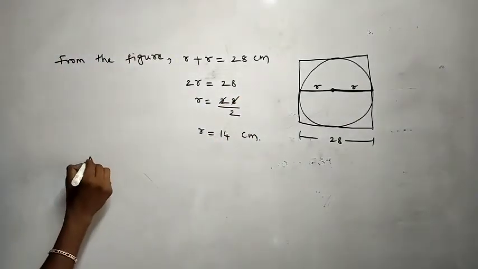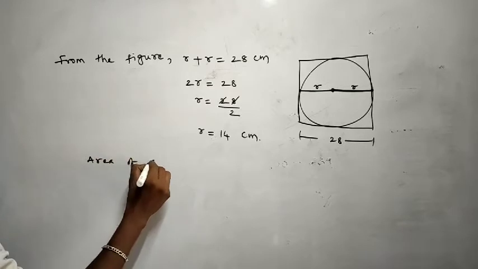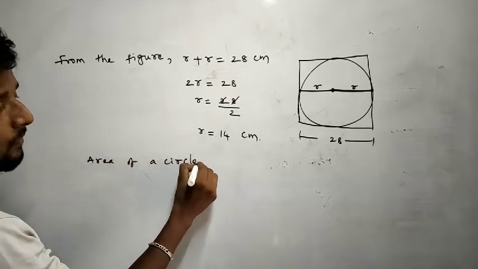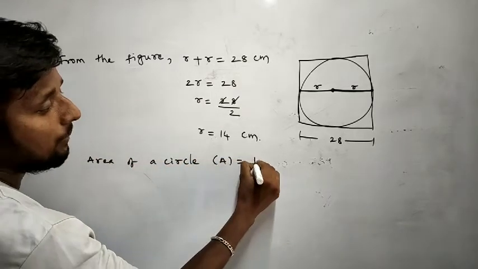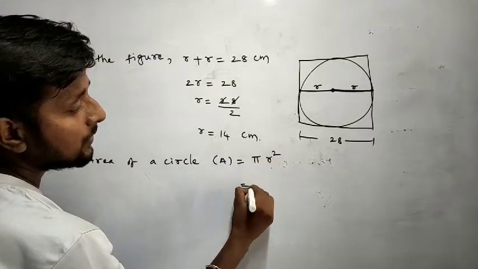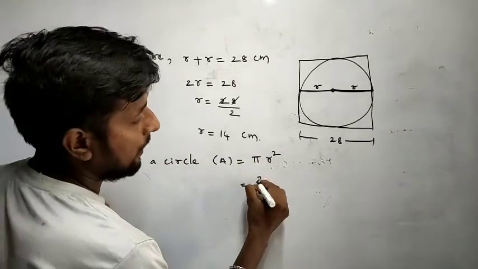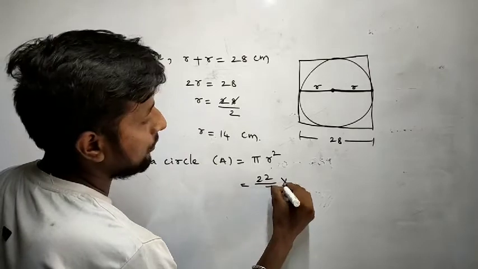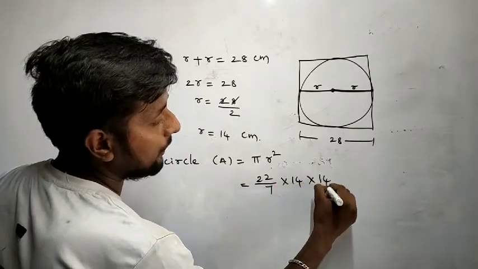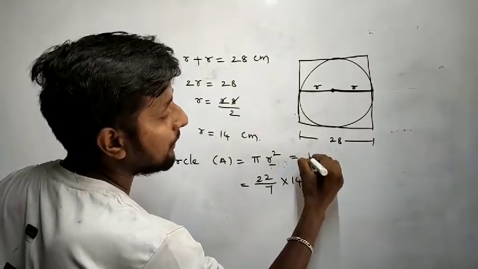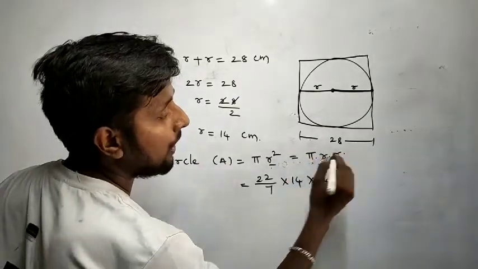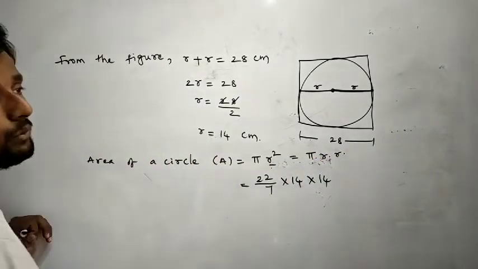Now, area of a circle. Area of a circle formula is pi r square. So that is nothing but 22 by 7 into the r value 14. R square is nothing but r into r, 2 times. So 14 I have written 2 times.